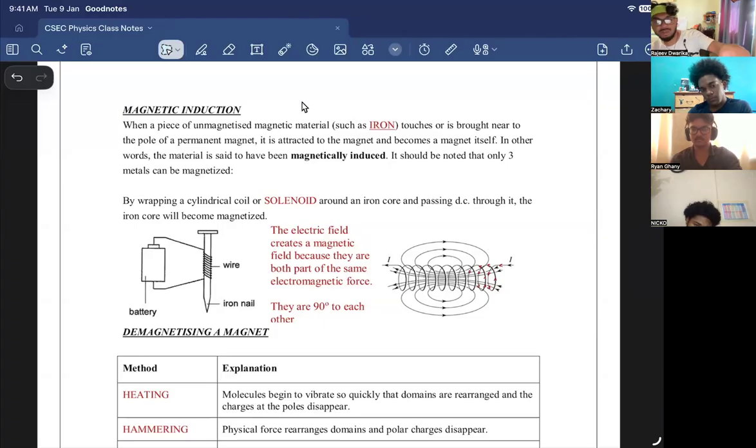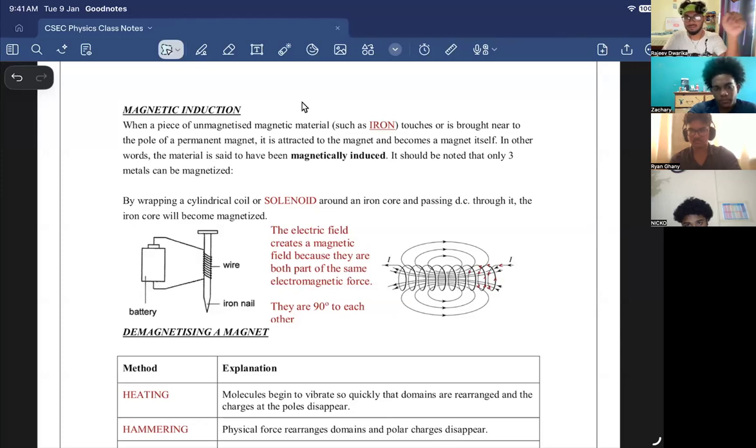But Ryan, if I were to wrap it around a magnetic material like iron. By the way, could you remind me, is iron ferromagnetic or paramagnetic? Remember, paramagnetic was extremely weak. Ferromagnetic has a higher tendency to become magnetic.